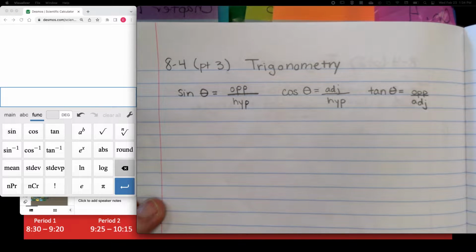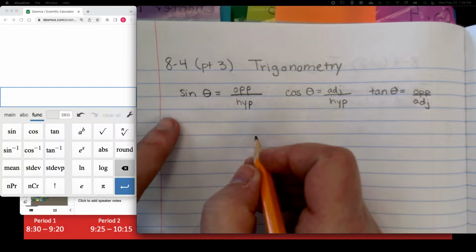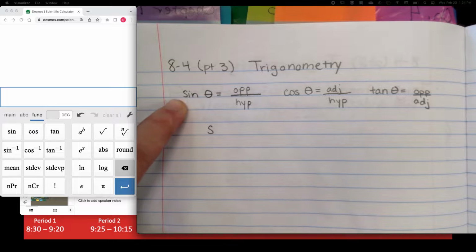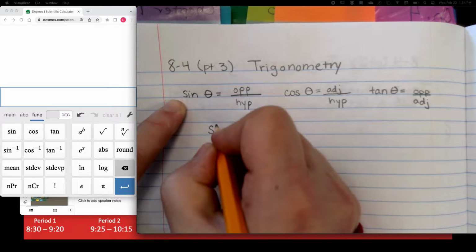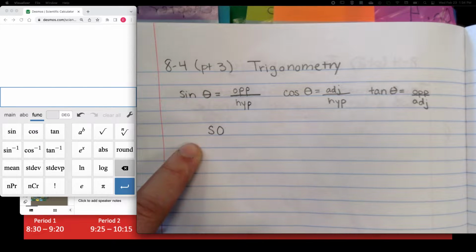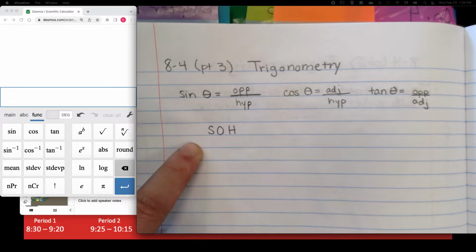It just abbreviates it for us so that we can see each part a little separately, but it's going to help us identify pretty quickly which ratio we want to use. So for this first one, we know it's sine, so I'm going to start with S. And sine is what over what? Opposite, O, over hypotenuse. So that's where SO comes from.